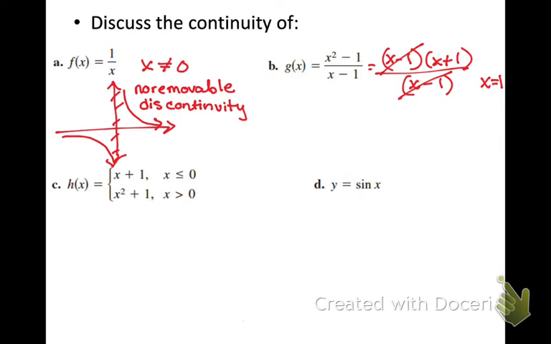So if I were to graph this, it would be something like this. So this is a removable discontinuity. It's kind of making sense.